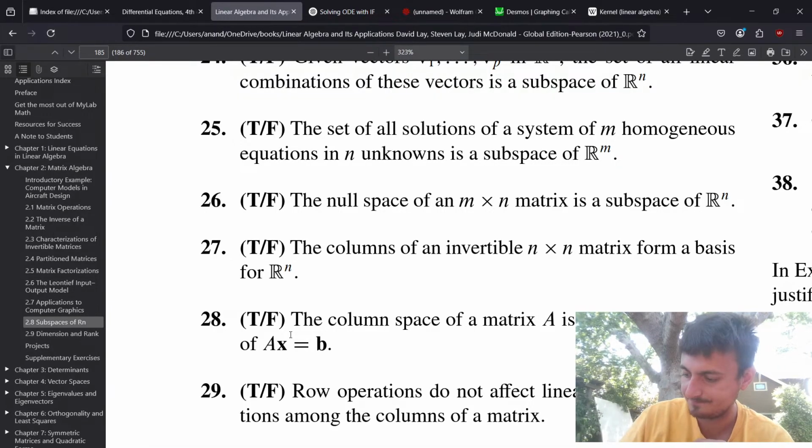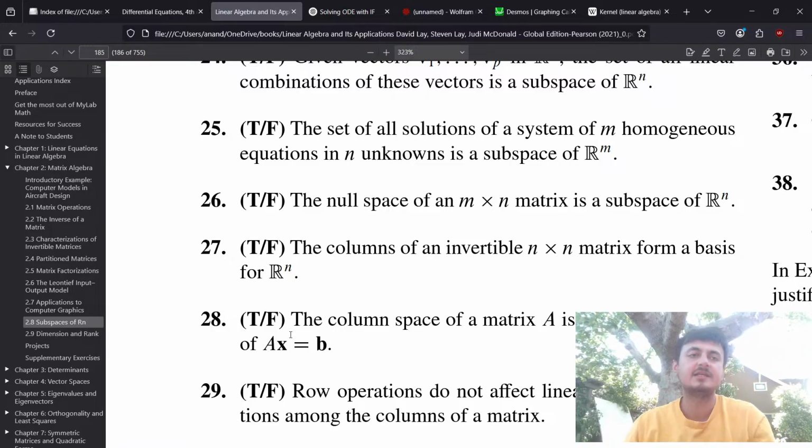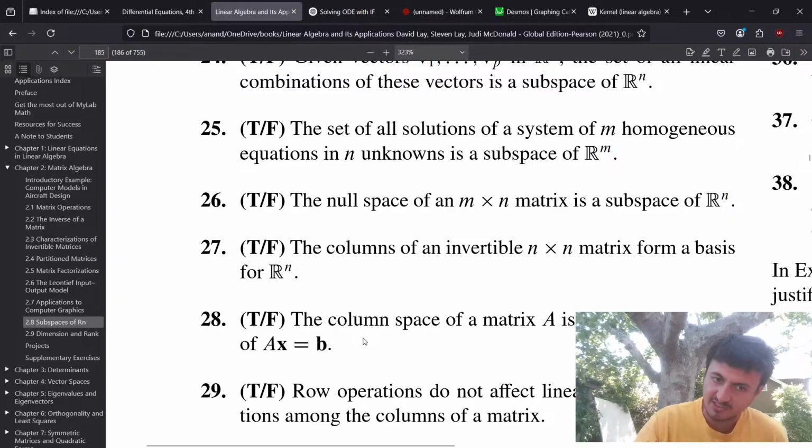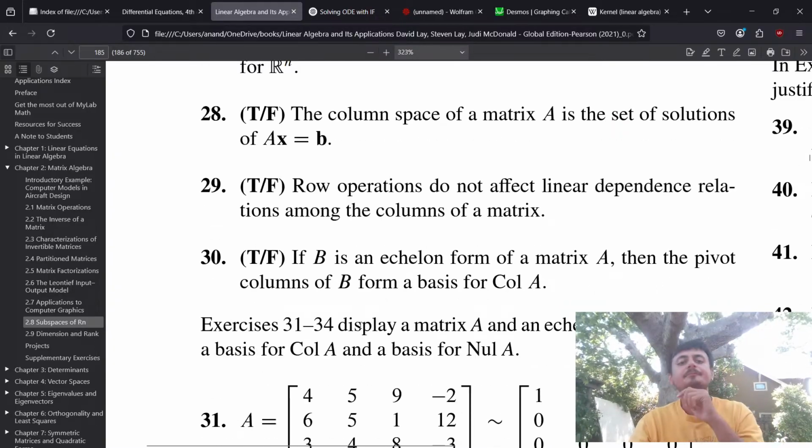That's false. It would be the set of b such that Ax equals b for some x, because that would represent all possible linear combinations of the columns. So this is false, but it's like a trick one because it's close.